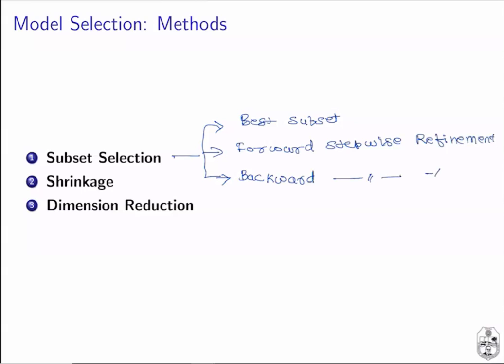And the objective of model selection is, if there are n independent variables, then out of these n independent variables, we need to identify the most relevant attributes or features that lead to the greater accuracy of the model.